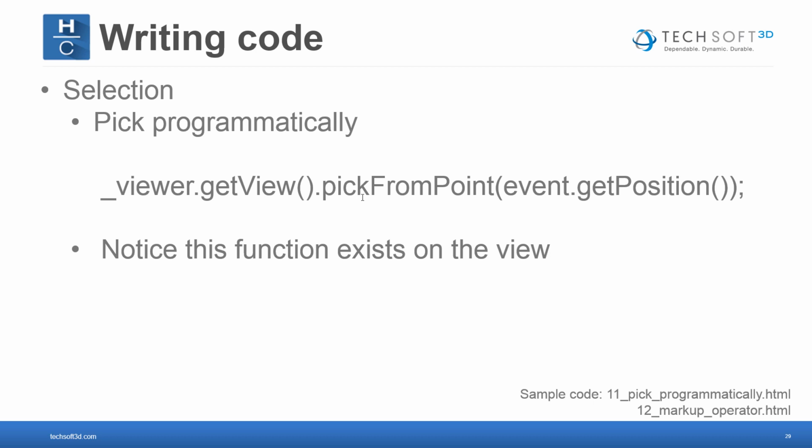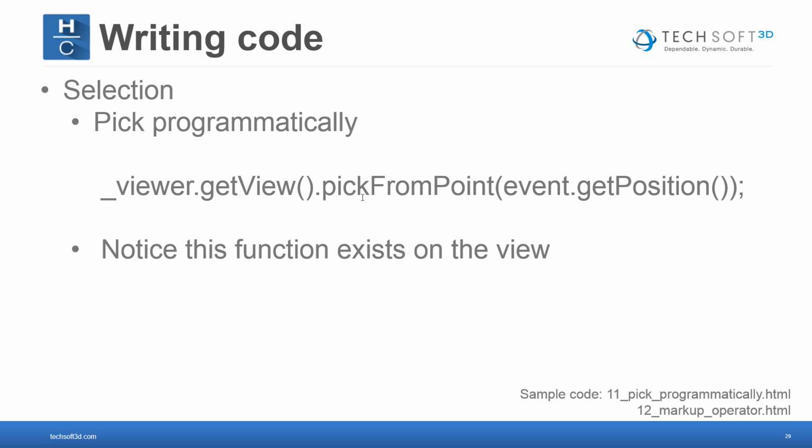But you can also pick programmatically, and this is probably something that you're used to doing. Basically, you're reading the mouse position, and then you're picking from that mouse position. And what we're doing behind the scenes is that we're going to cast a ray from your pick location into the world, and we're going to create a selection from that. And that allows us to test against lines or faces or points. And that will provide a complete selection object for us to work with.